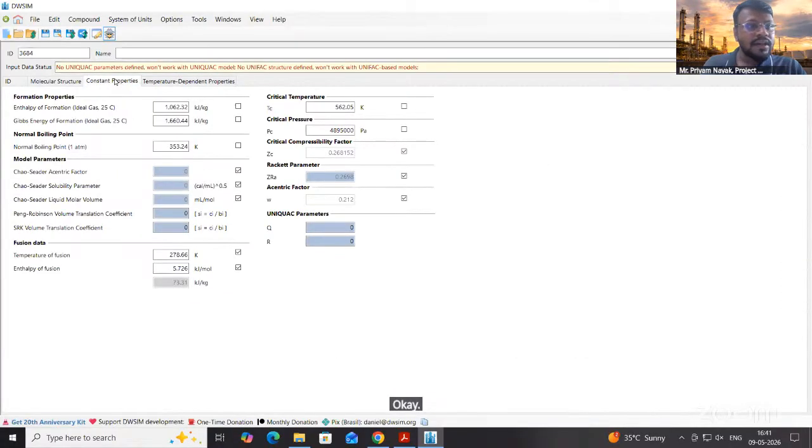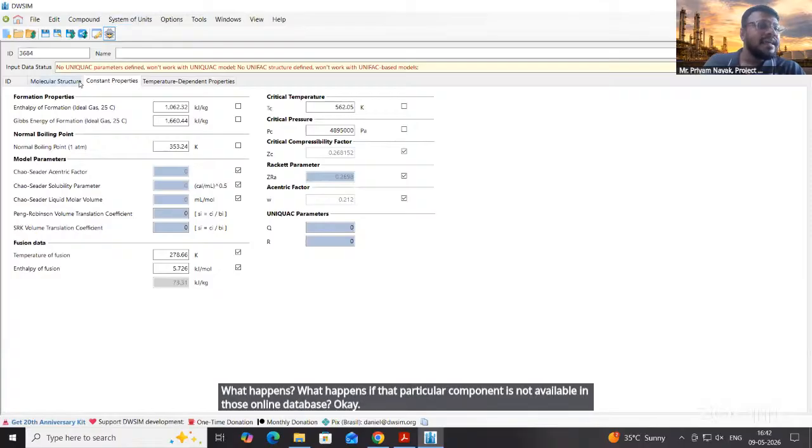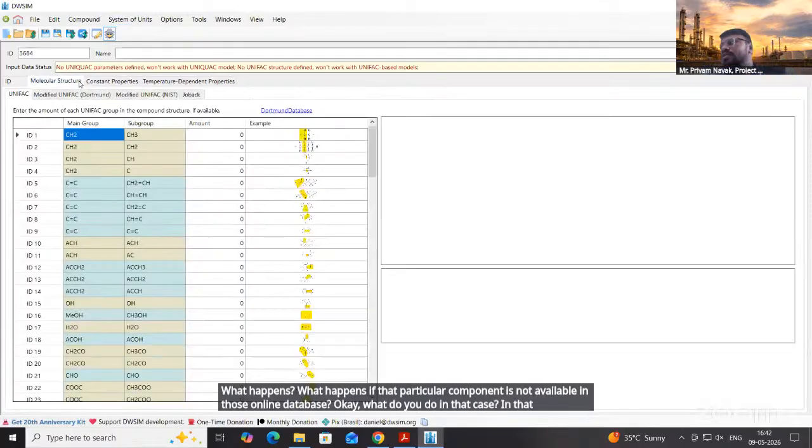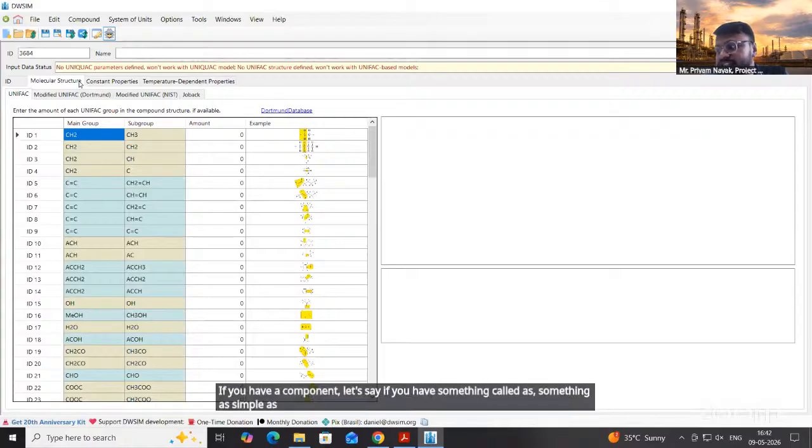What happens if that component is not available in those online databases? What do you do in that case? In that case, you rely on something called the group contribution method. I don't know how many of you have heard of it, but typically, if you have a component as simple as ethane, CH3CH3, it's two CH3 groups.